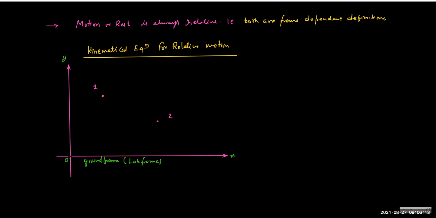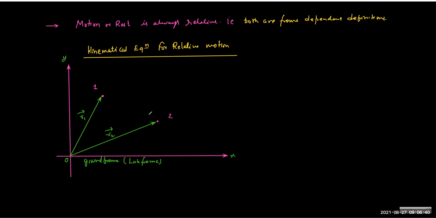Now from the origin, you join the first particle, and you call it the position vector of 1. Of course, the position vector will not be the same if they are in motion, so it will vary with time. That is totally okay. But the question is not to observe things in the ground frame.